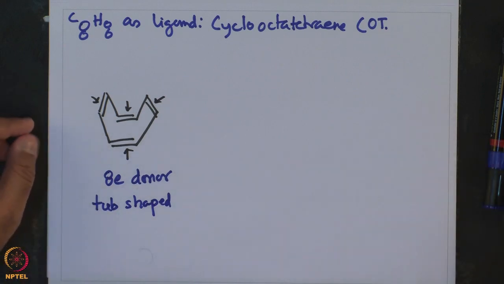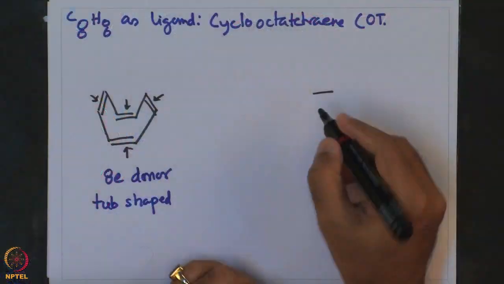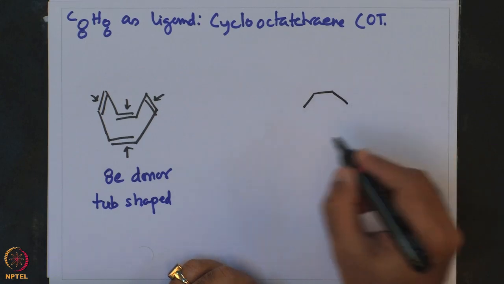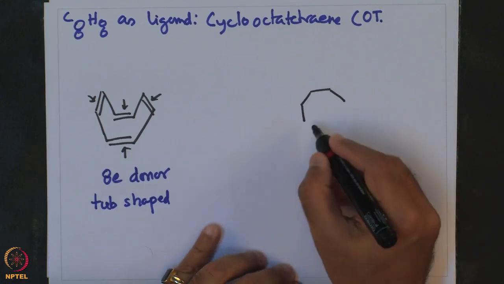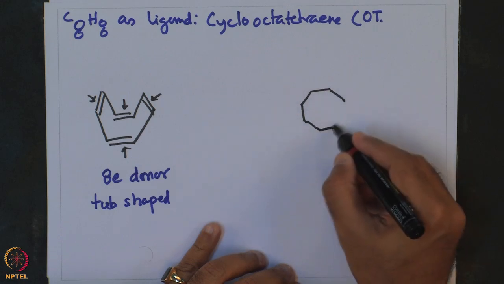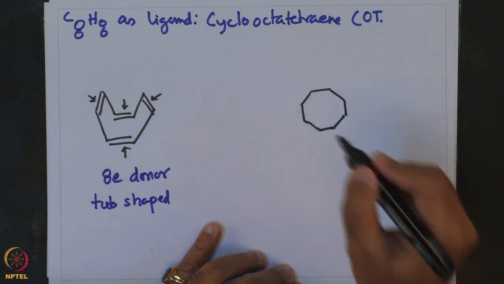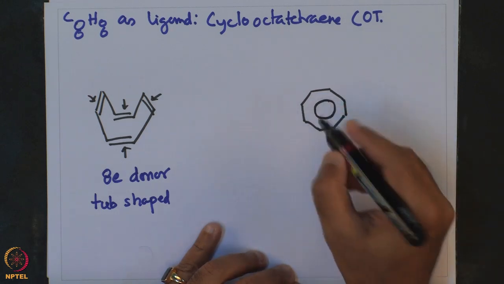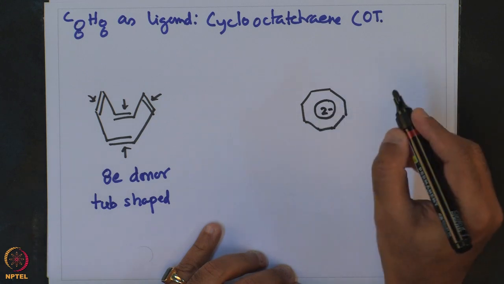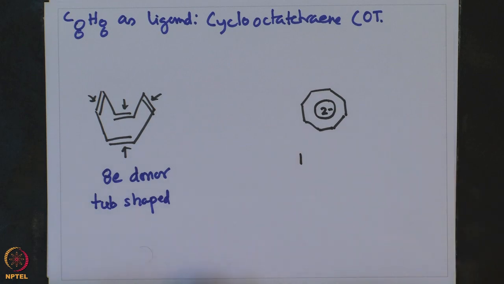The other possibility for this COT structure is obviously the planar 10 electron donor structure, which is shown over here. So, this is a planar structure which is dianionic, and this is a 10 electron donor.